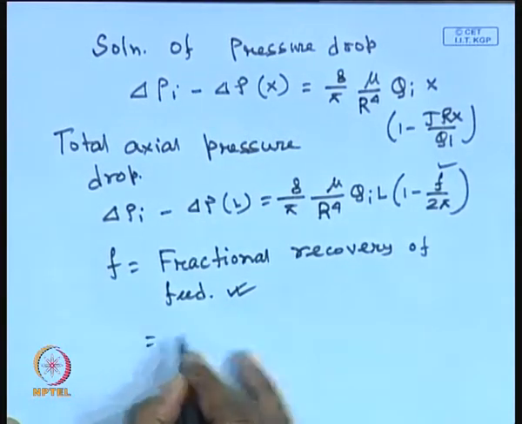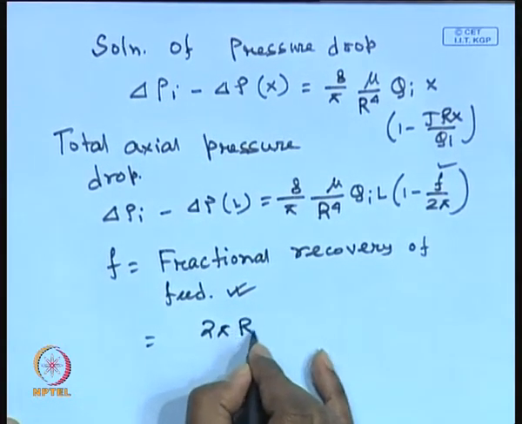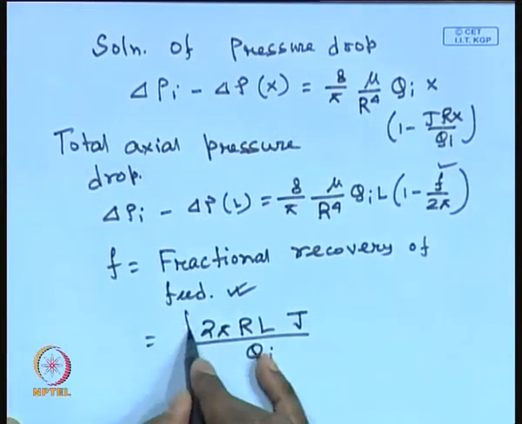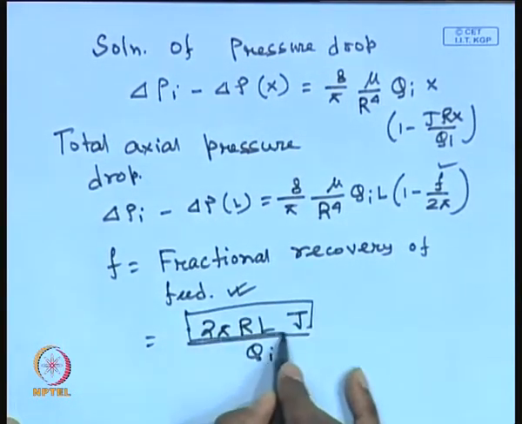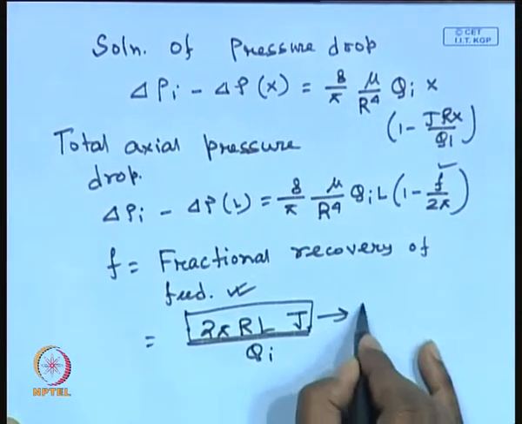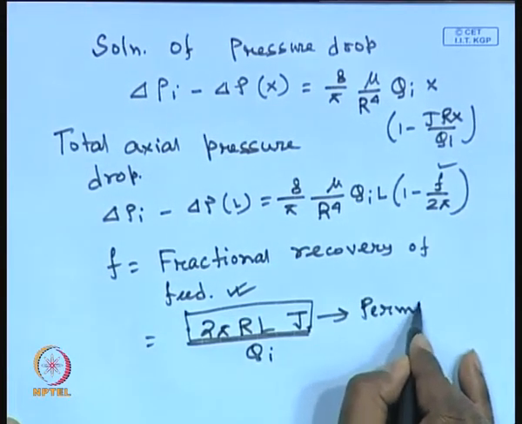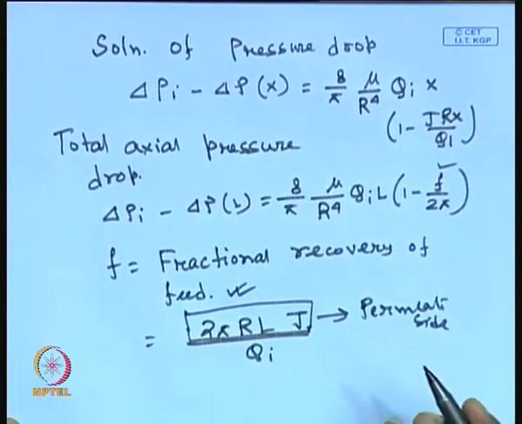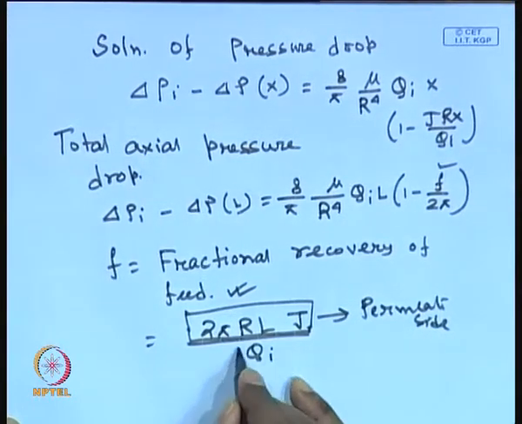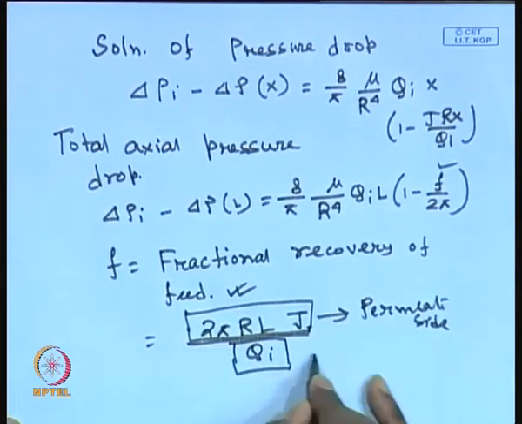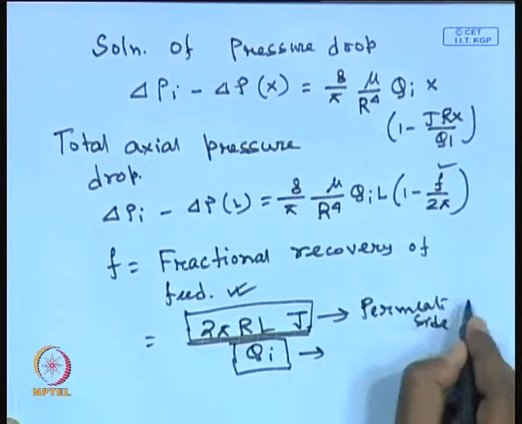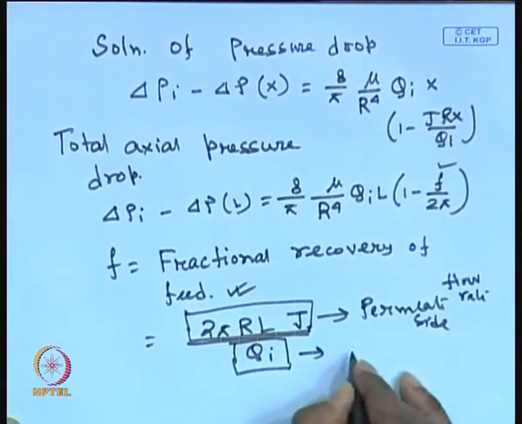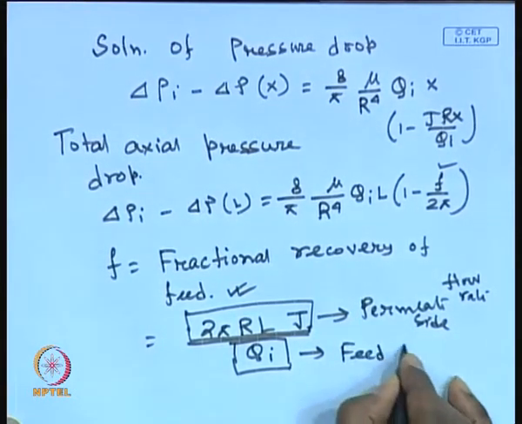So this is nothing but 2 pi R L times J divided by q in. This is the total flow rate that you are going to get from the permeate side, in terms of, let us say, meter cube per second or meter cube per hour or liter per hour, and this will be the total permeate flow rate, and this becomes the feed flow rate.